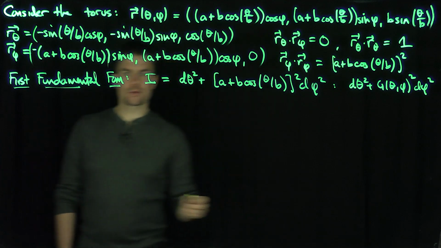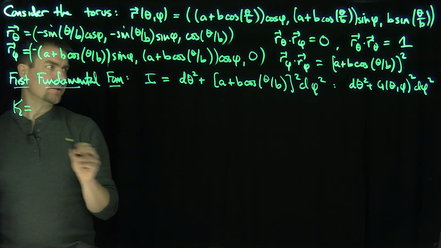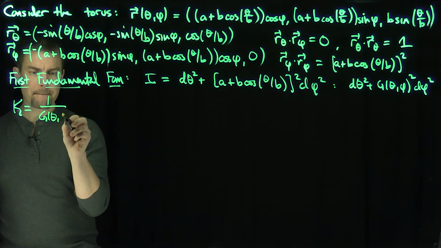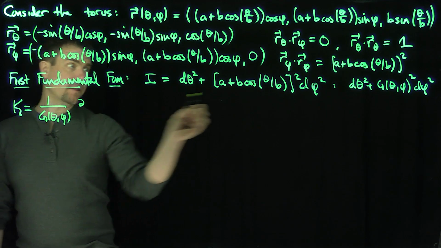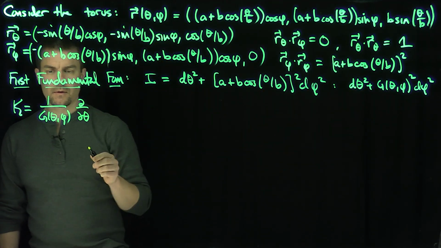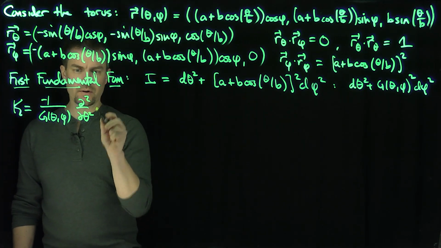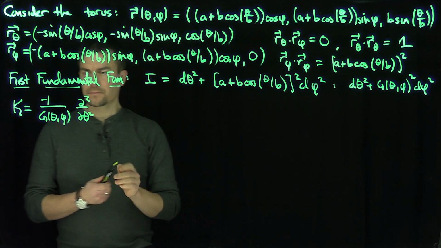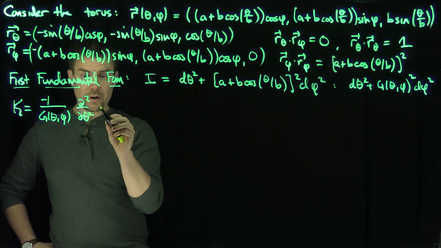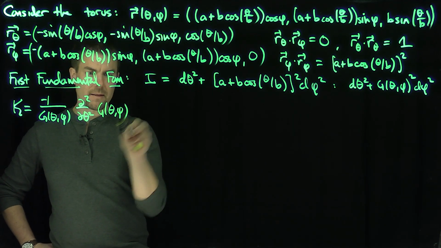We have a formula for the Gaussian curvature. We know that in this form, the Gaussian curvature K is equal to negative 1 over g of theta and phi, times the second theta derivative of the g function, g of theta and phi.